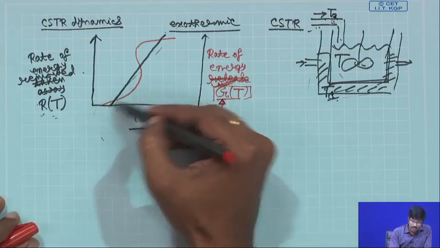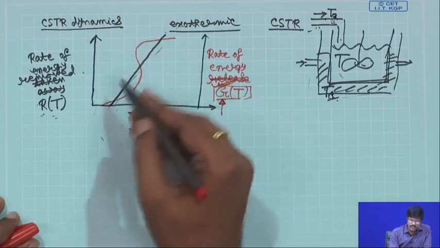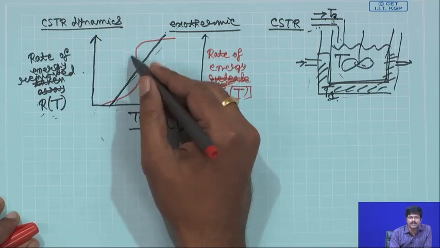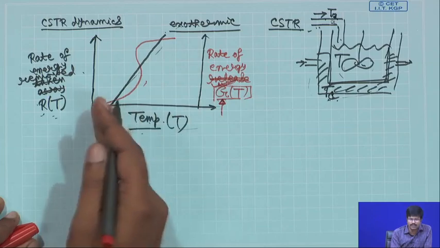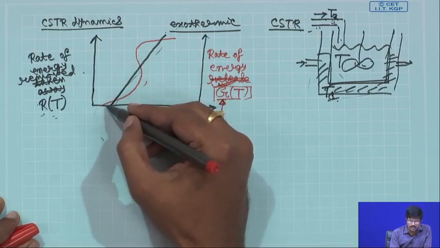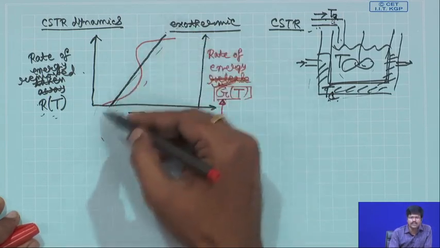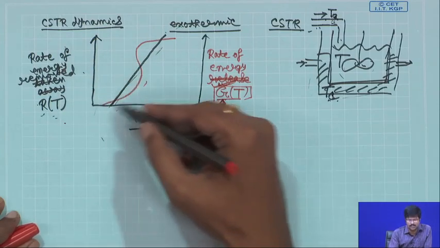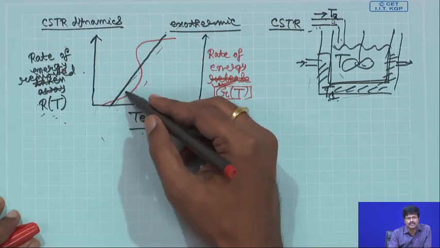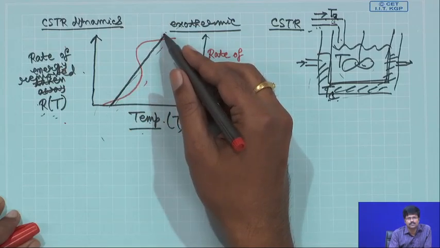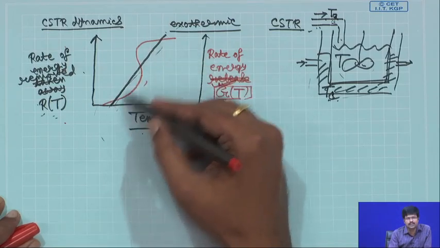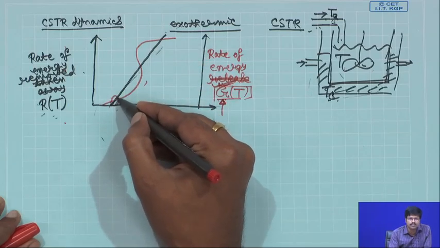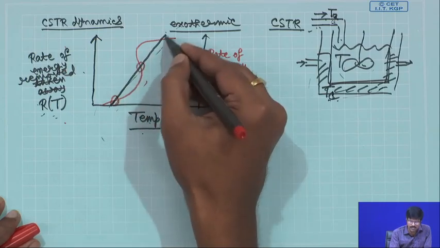Now, you see that this particular curve, which is the rate of energy release by the reaction as a function of temperature, is like this, and the black curve is a straight line which is the rate of energy being removed as a function of temperature. These two curves intersect at certain points. What I have drawn here shows the two curves intersecting at 3 points: the first point here, the second point here, the third point here.